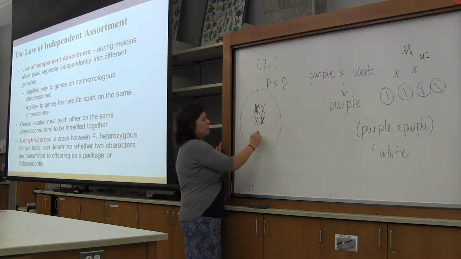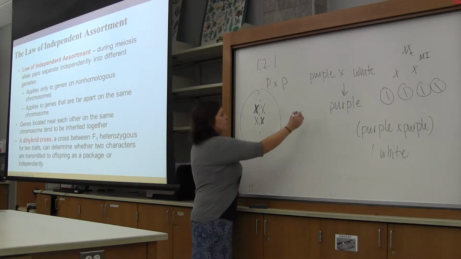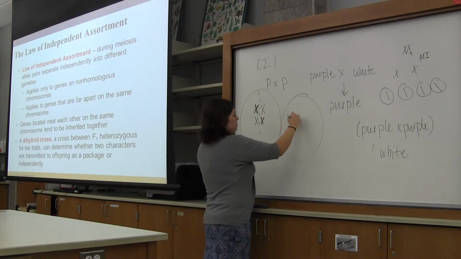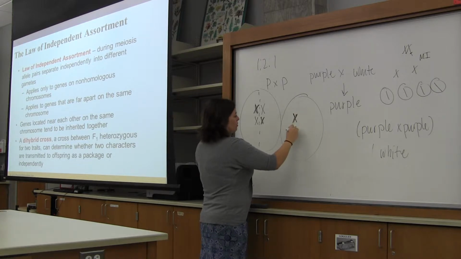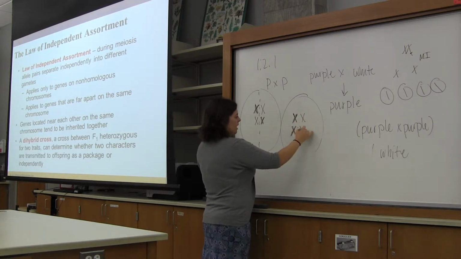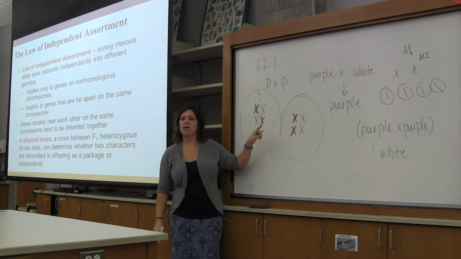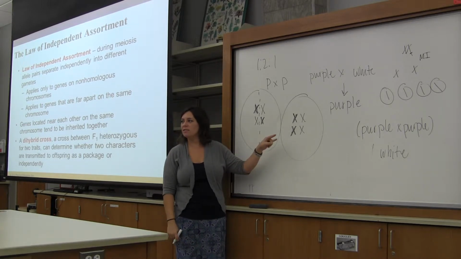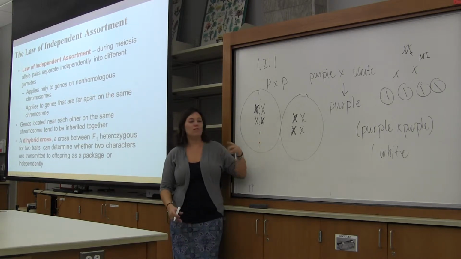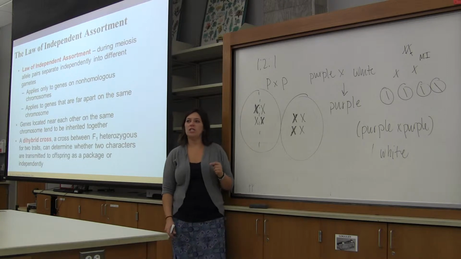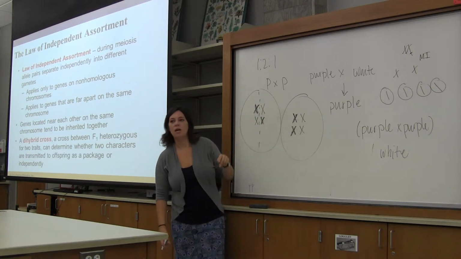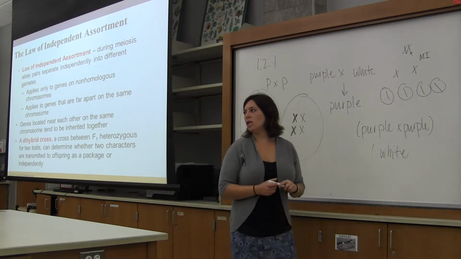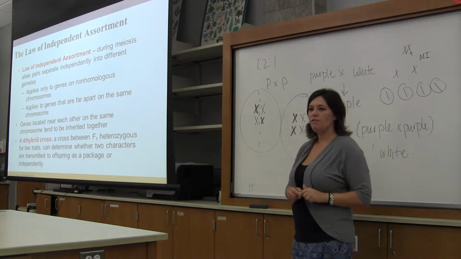Just imagine this is the metaphase plate. Or they could be arranged with both of mom's chromosomes on one side and dad's on the other. So depending on how many chromosomes a cell has, that's going to give you increased genetic variation just based on the way that these homologous chromosomes are lined up in metaphase.